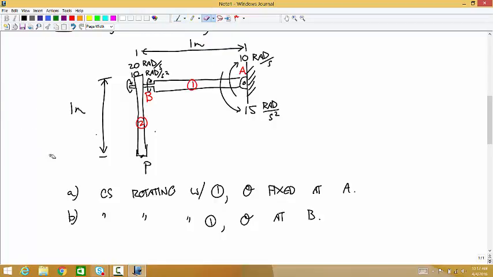And so what are we going to have to do differently for this calculation? That's right. We'll have to use relative motion.